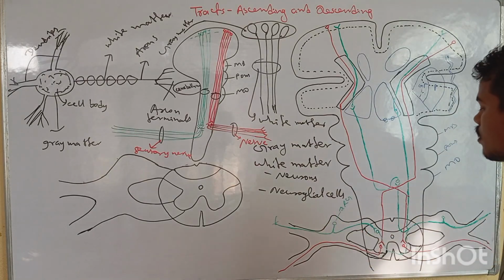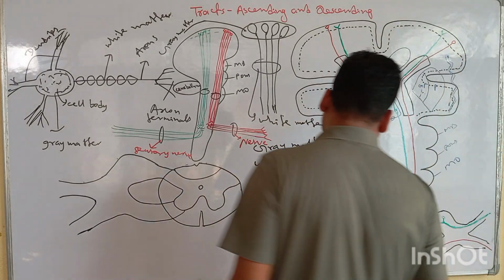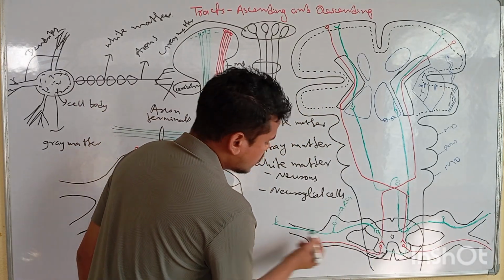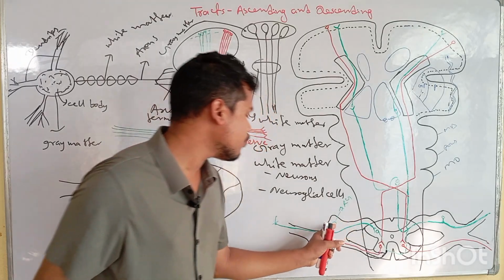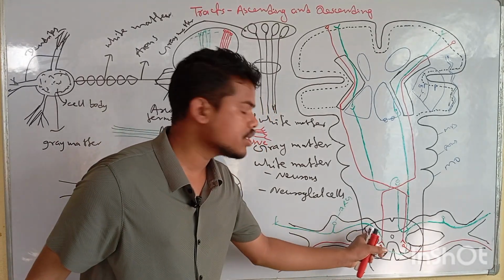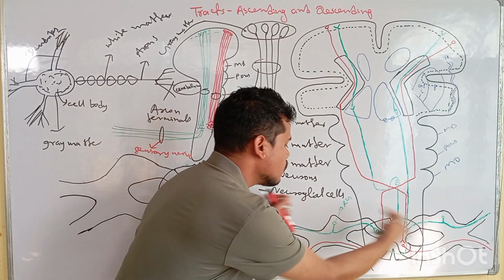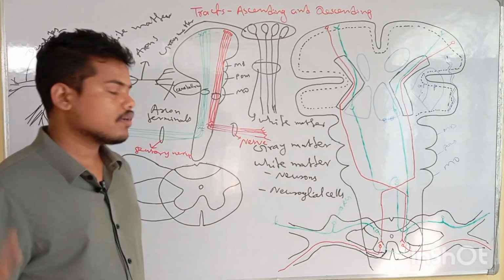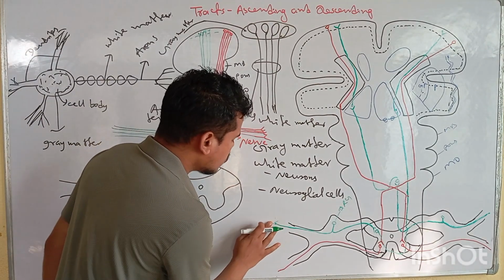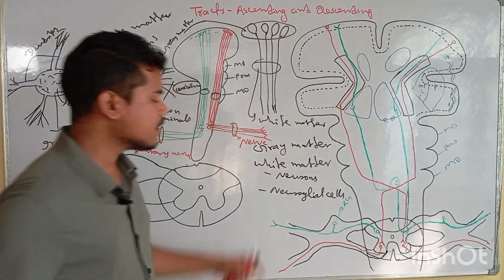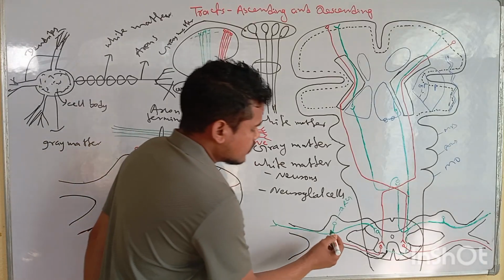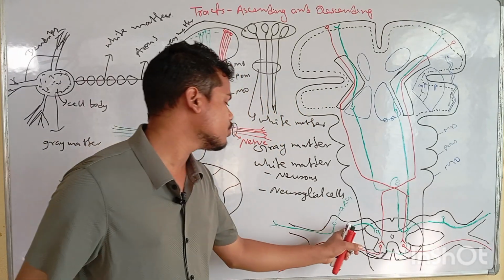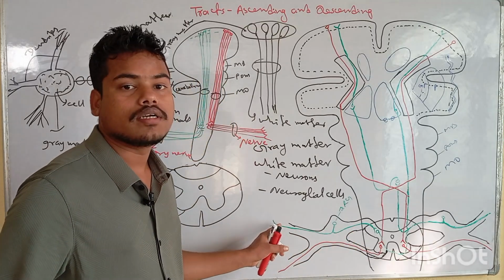So this is the dorsal root ganglia, and it is pseudo unipolar. What happens is that two projections, one peripheral and one central, will be projected, and some older authorities believe this central process is the axon, and the peripheral one the dendrite.